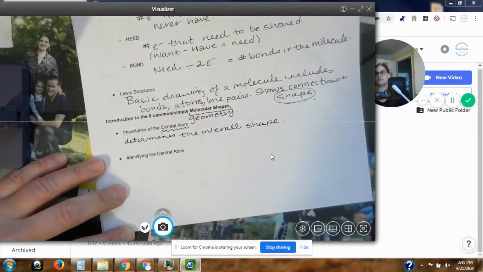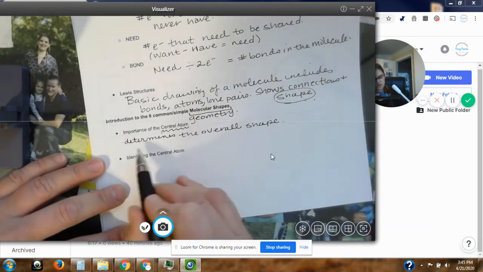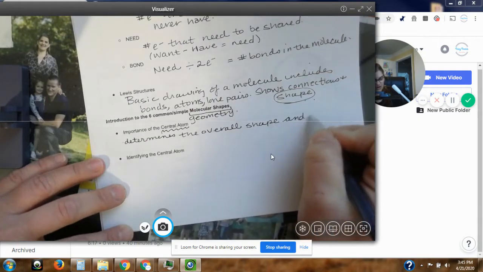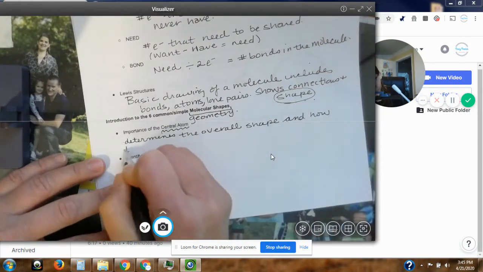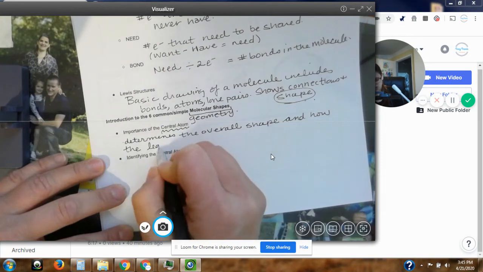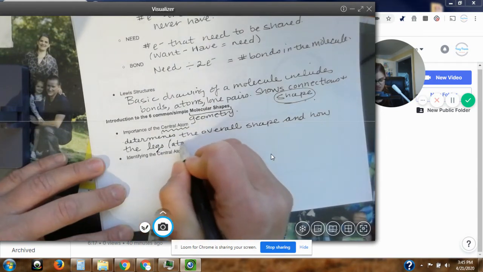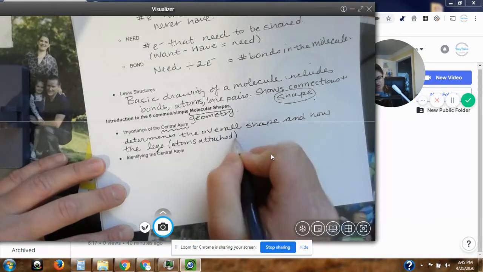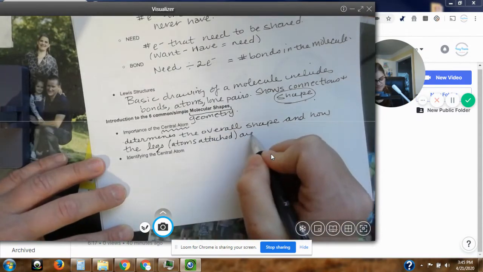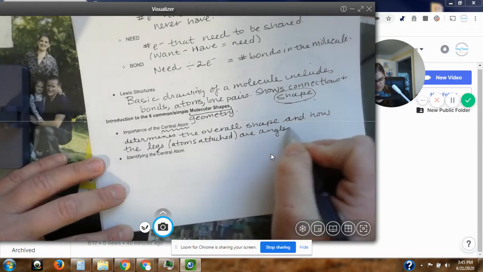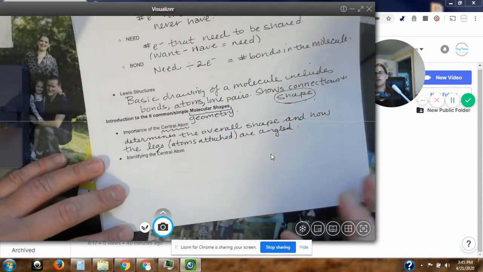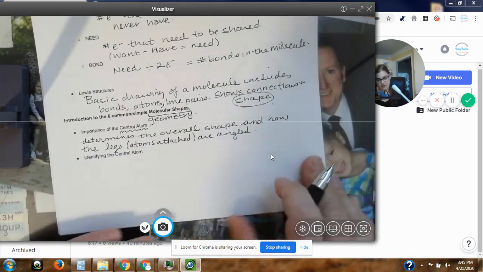That's important. So it tells us the overall shape and how the legs, which are really the atoms that are attached, and how the legs are angled. So in order to have a central atom, I am going to point out this.